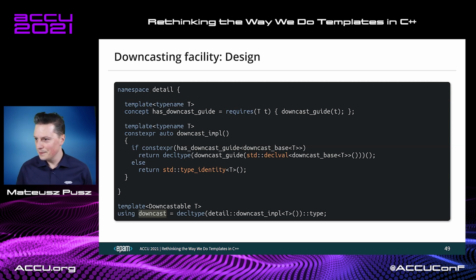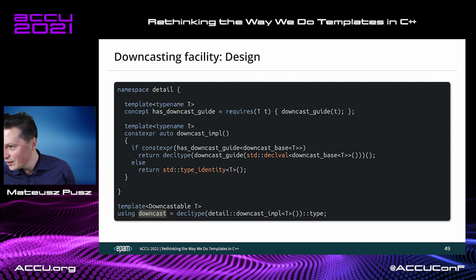Okay, I see a question from Peter. As it's exactly for the slide I have right now, maybe I will try to answer this one. Does downcastable in type alias downcast guarantee the downcast implementation if context is true? Or would downcast implementation be called on other types as well?